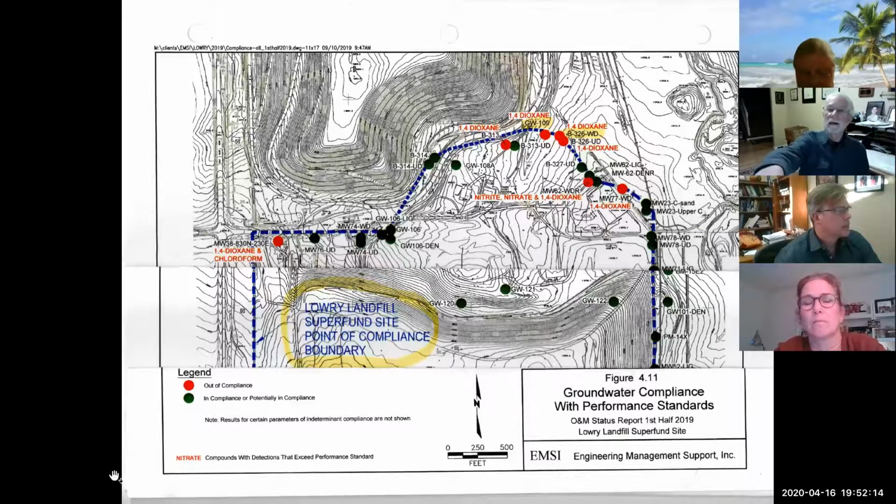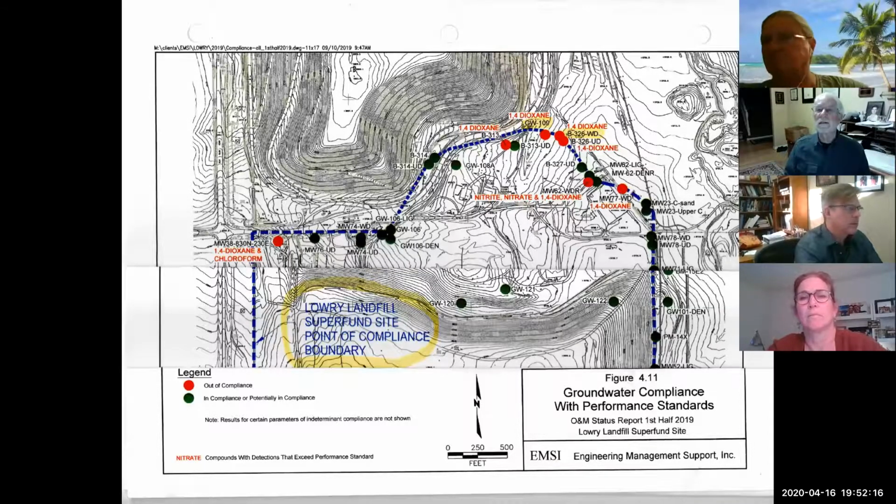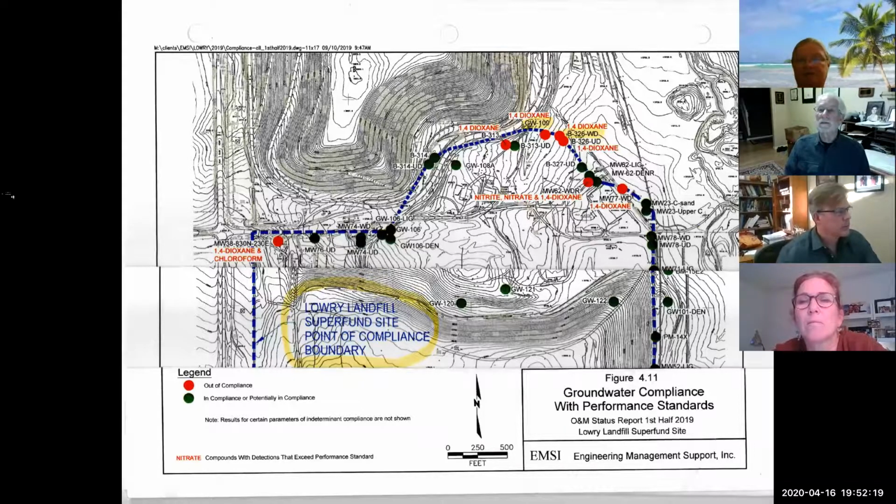So I've outlined or highlighted the two wells in yellow, GW109 and B326WD, and between those is the initial MW131 or 113 where they found the site. And you can see those red dots are actually 1,4-dioxane levels that are more than 10 times the standard.